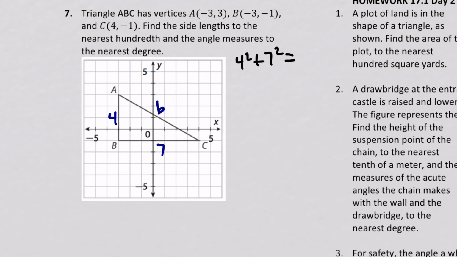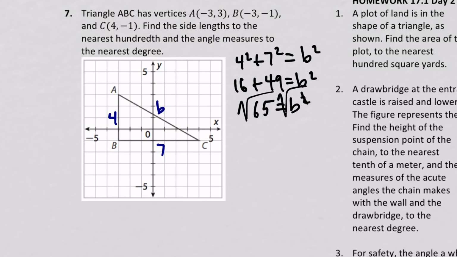Why? Because it's across from this angle B, right? Angle B, side B, right there. So B squared, that's 16 plus 49. And 16 and 49 are going to be 65. And then take the square root of both sides to get B by itself.